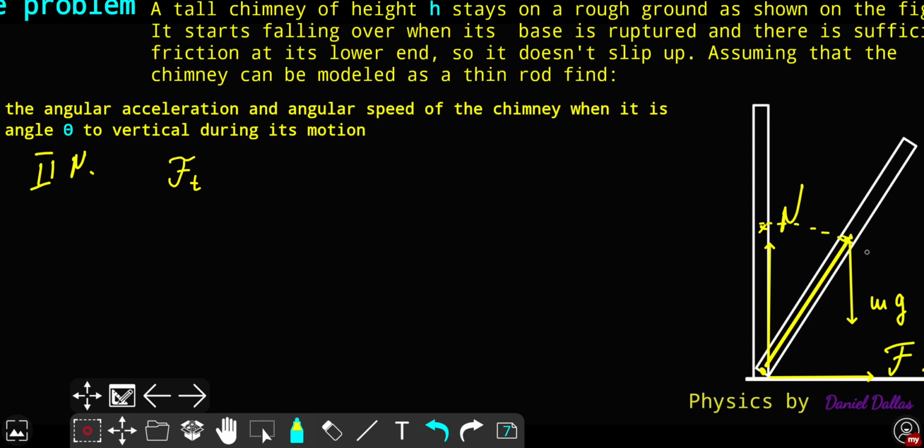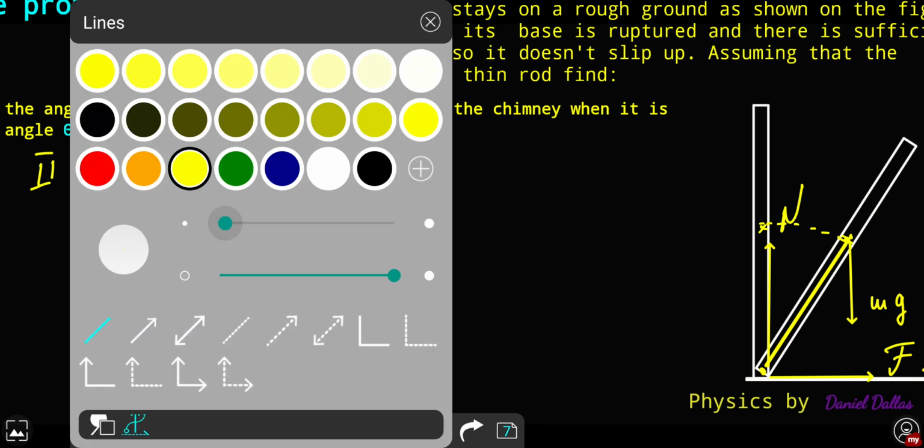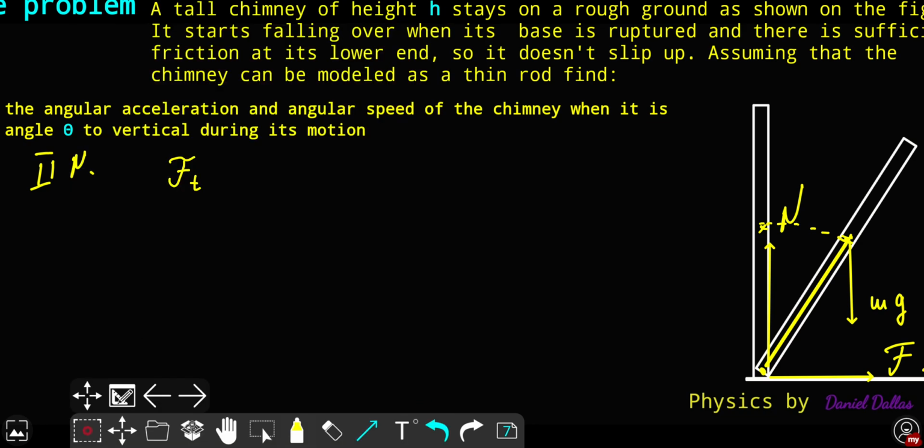So we are going to apply the tangential force. The tangential force in this case, for example for the gravity force, is going to be that. I mark it as F tangential, okay? That's going to be equal to m times the tangential acceleration, okay?